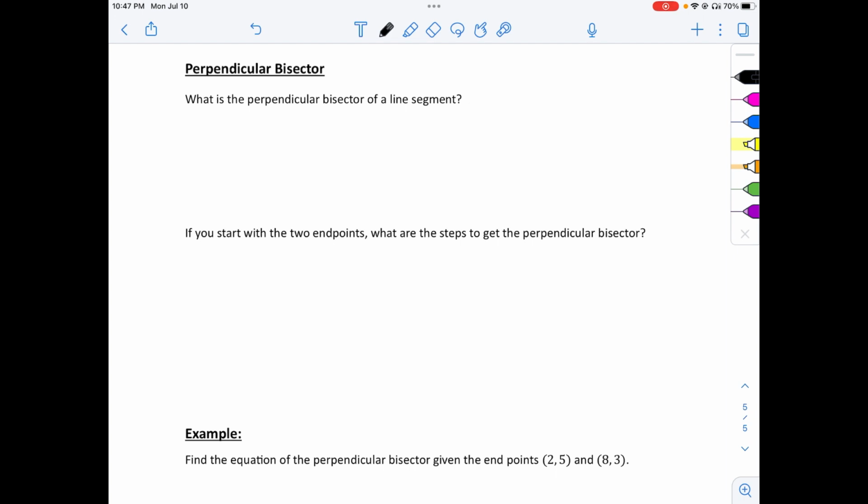Okay, so the perpendicular part tells us that it's making a 90-degree angle. Bisector means it cuts it in two, and it is in two equal parts. Okay, so it is a line that intersects a line segment at the midpoint at a 90-degree angle.